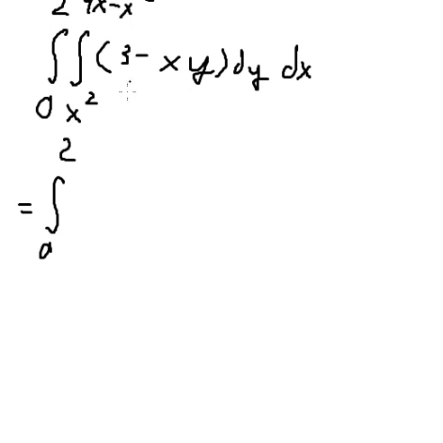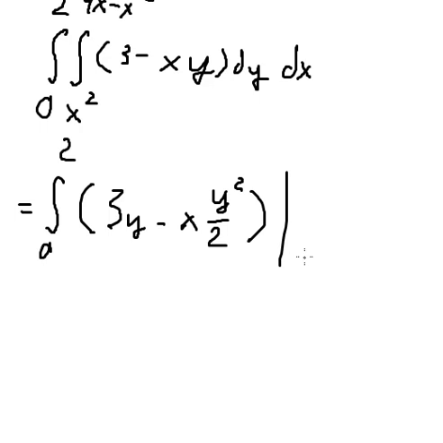The integration of 3 is 3y. The integration of y is y squared over 2. And I will put the bounds from x squared to 4x minus x squared. So I will put this one in here, and x squared in here.